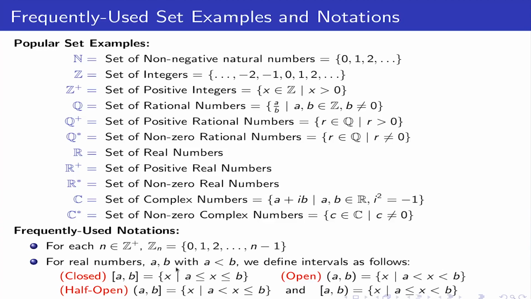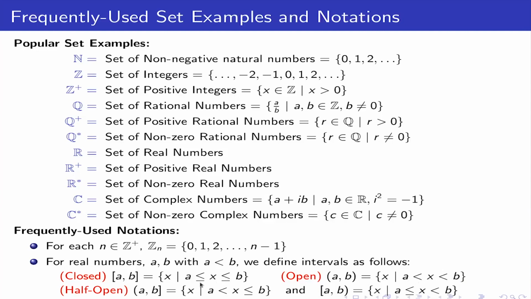For real numbers a and b with a less than b, we define certain intervals. This is a closed interval, where an element can range from a to b, including both a and b. This is an open interval, the set of all real numbers x where the element can range from a to b but cannot be equal to a or b, so it is strictly less than.